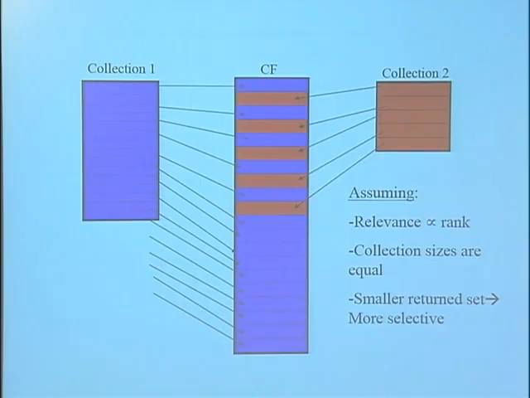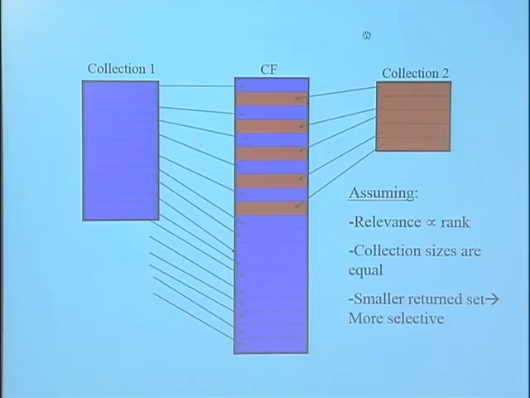One model is assuming that relevance is proportional to rank, where we're assuming that collection sizes are equal, and if a particular engine or source has a small return set, it simply means it's more selective. So if collection 2 or engine 2 gives us 5 as opposed to collection 1's 10, if we assume equal selectivity, we assume the first ranked in each has equal merit, the second rank has equal merit, and so forth.